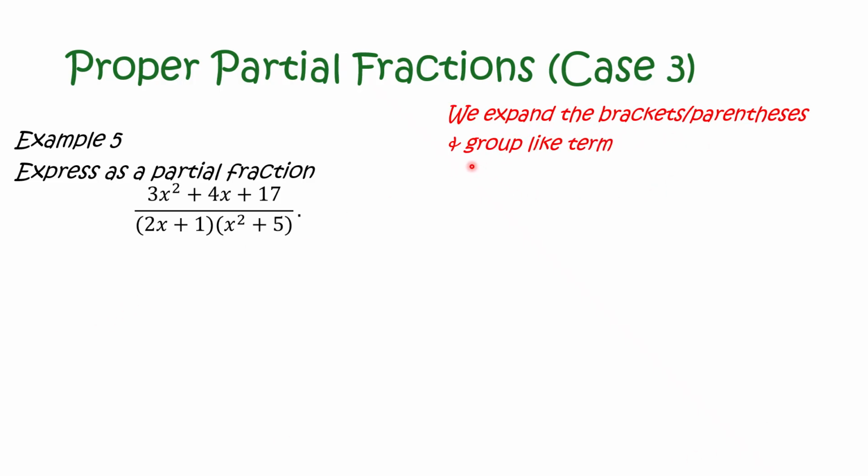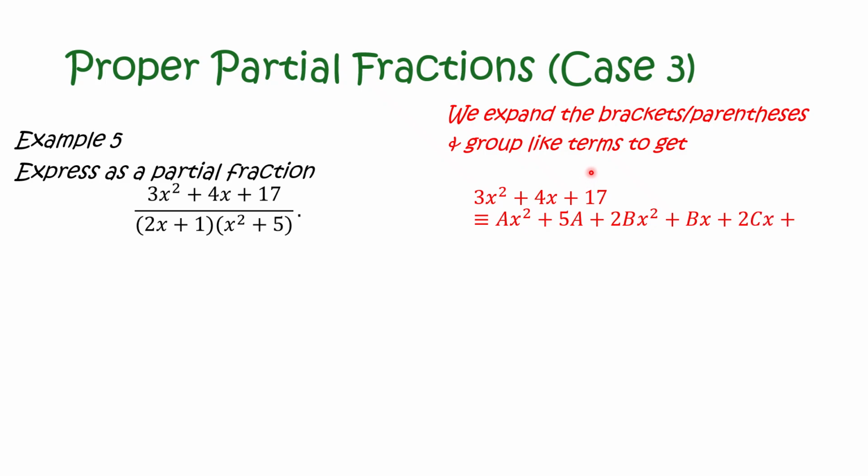Let's move on. We expand the brackets, that's the first thing we do, and group the like terms in order to get 3x² + 4x + 17 being equivalent to Ax² + 5A + 2Bx² + Bx + 2Cx + C.